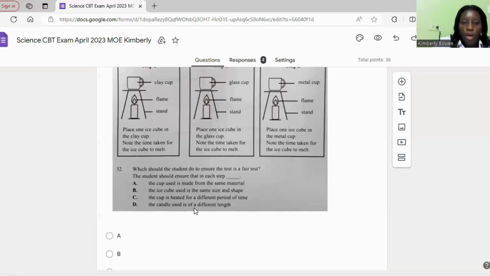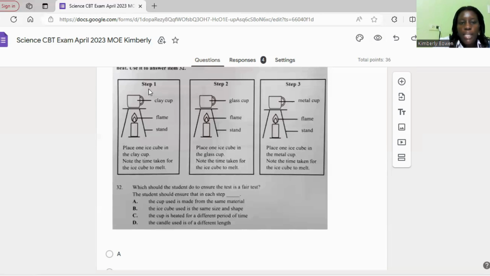So we're going to rule out C and D because for it to be a fair test, a variable or two must be the same or must be consistent. So the answer for number 32 is B. When we look at the steps, we see that for step one, there's a clay cup and then the flame under it and then the stand.